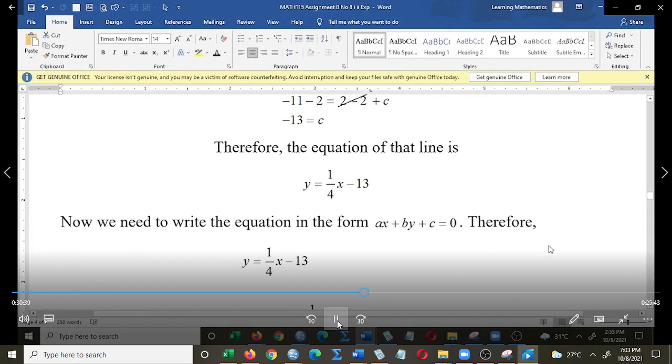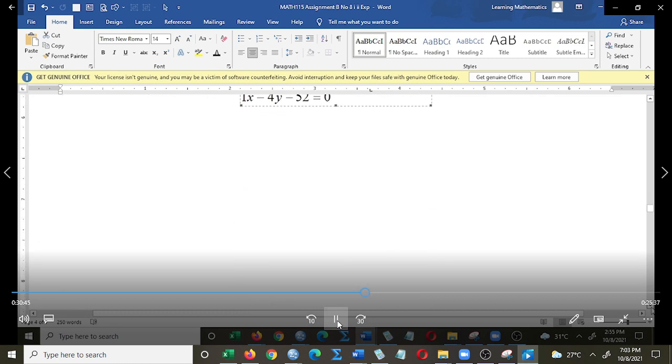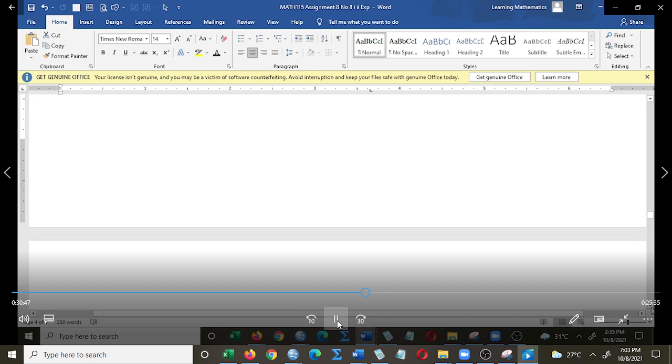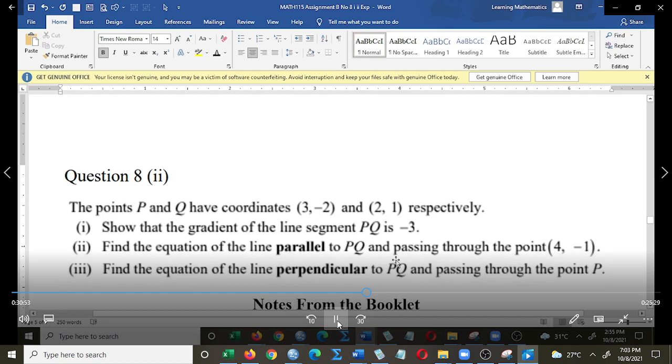And here we have number 8, part 2. You have it in written form already for explanations. Number 8, part 2: the points P and Q have coordinates 3, -2 and 2, 1 respectively.